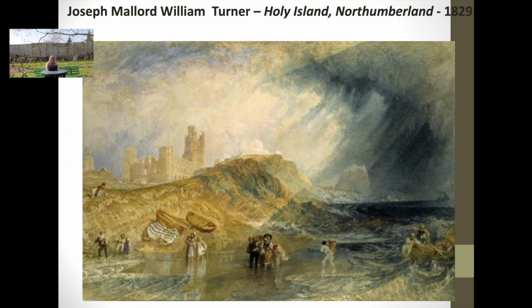So once again, this is classical romantic landscape. So we have stormy weather conditions, we have the ruins, we have the craggy mountains, we have the sea. Turner loved the sea, so we have lots of very interesting seascapes and ships and lighthouses, as you'll see in a little moment.